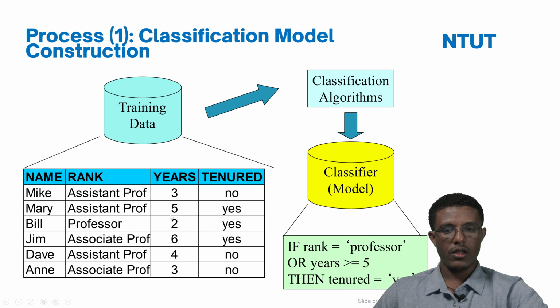If he is a professor and the years of experience is 2, he becomes tenured. For an assistant professor with 6 years of experience, tenured is yes.